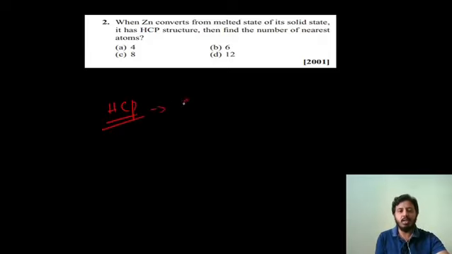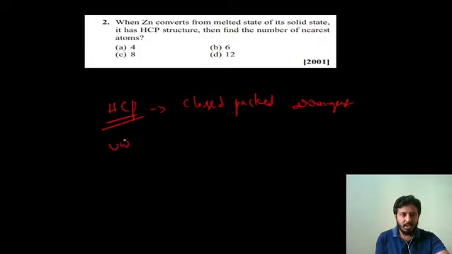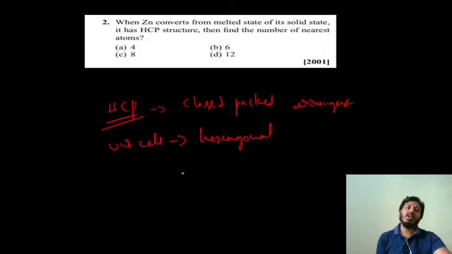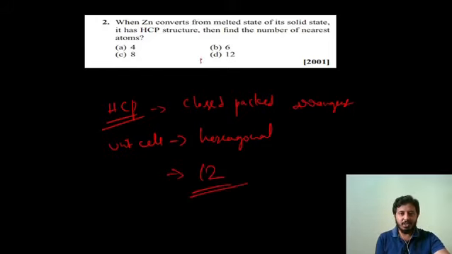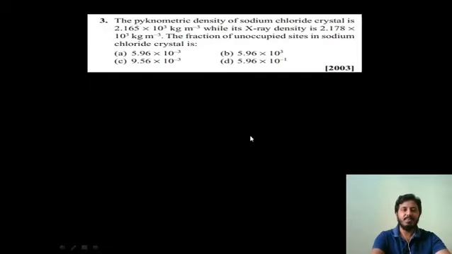We know that HCP is a close packed arrangement of particles, and the type of unit cell present is hexagonal. Then what is the coordination number in hexagonal close packing? It is 12, which gives the number of nearest particles, that is 12.